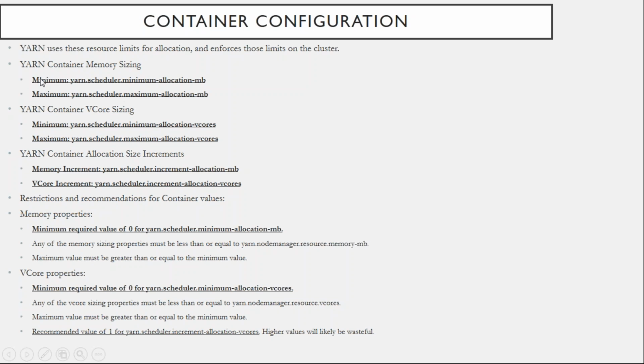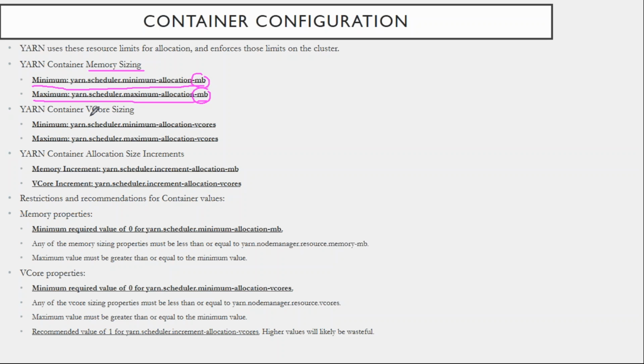Now let me show you this one. Let me take this pen. If you see this one, this is about your minimum allocation. This is about your maximum allocation. This is about MB. MB means memory sizing.